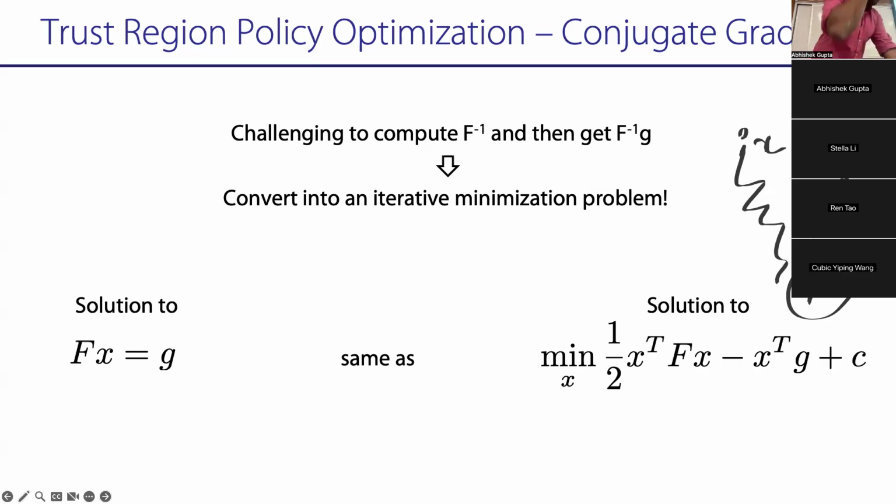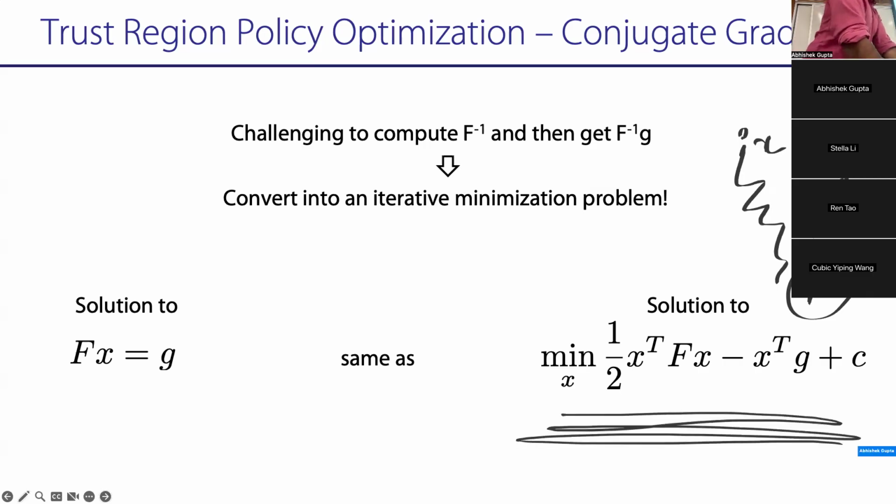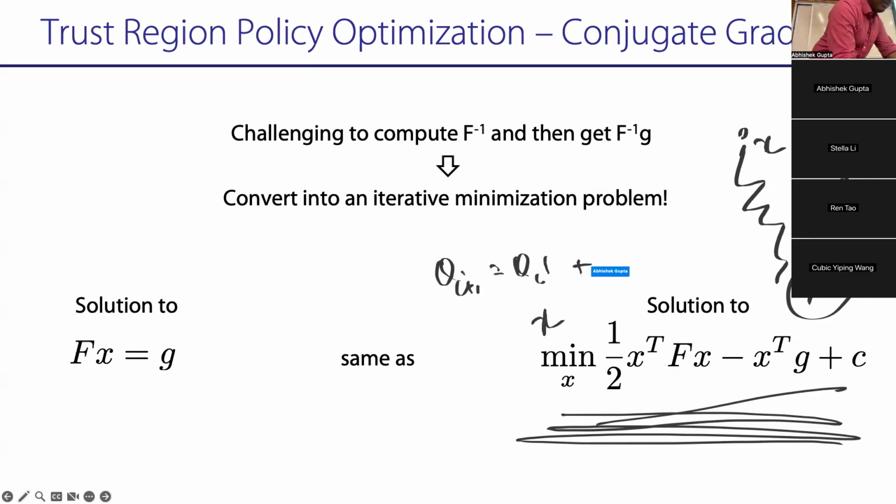The important part is that we just need to instantiate this optimization process and solve it efficiently. The solution is going to be F inverse g, which I'll directly use to update my parameters. Once I solve this, it gives me an x, and then theta i plus 1 is equal to theta i plus alpha times x star, because we know that x star is approximately equal to F inverse g.